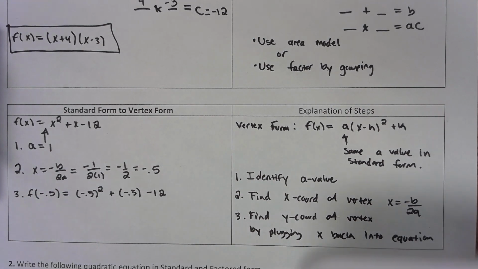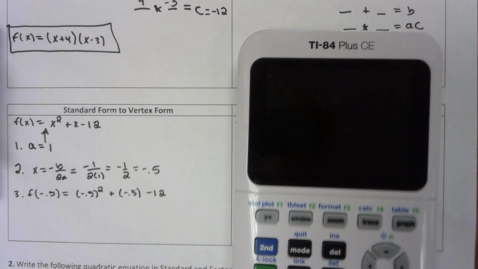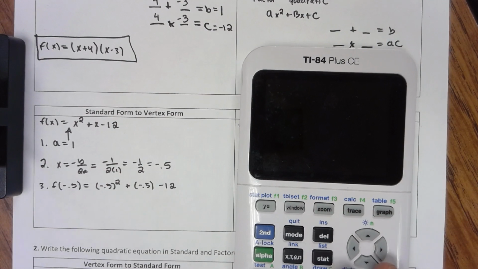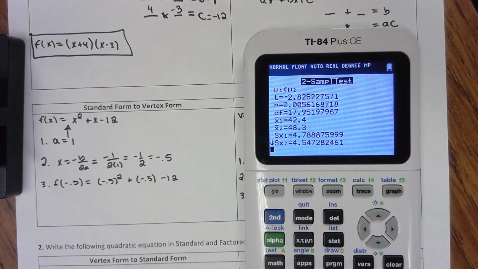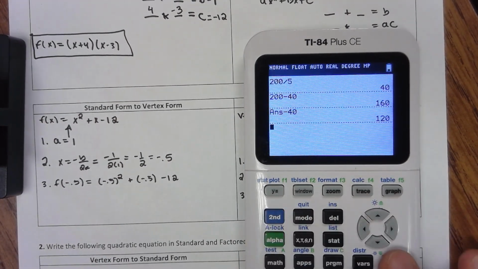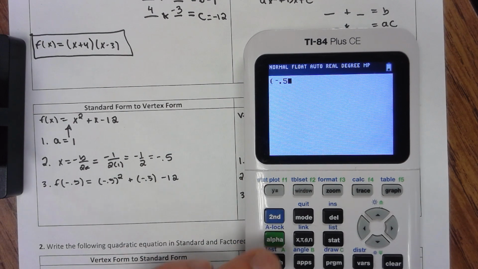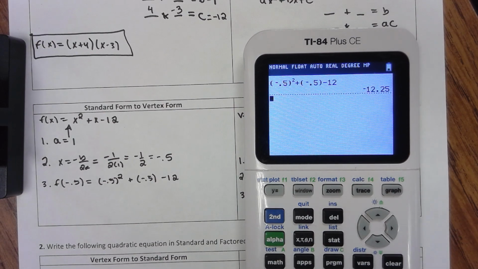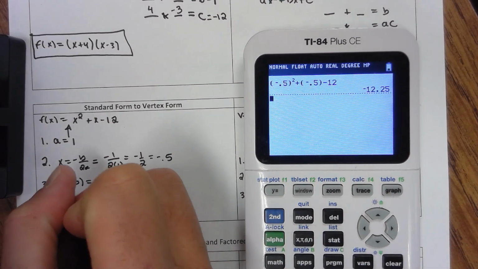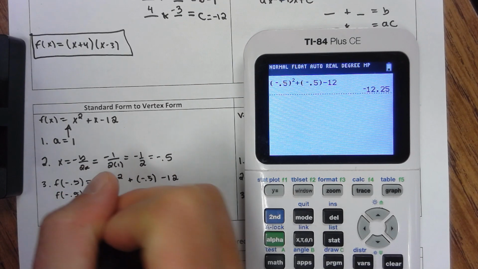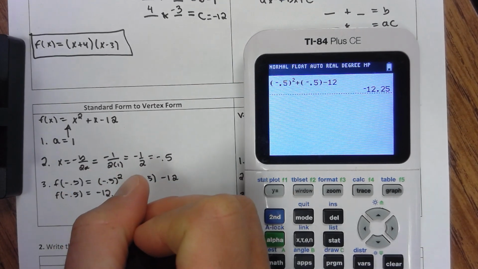Again, your use of parentheses here is so important when we're squaring values. So I'm going to go negative 0.5 squared, and then plus a negative 0.5, and then minus 12. And I get f of negative 0.5 equals negative 12.25.